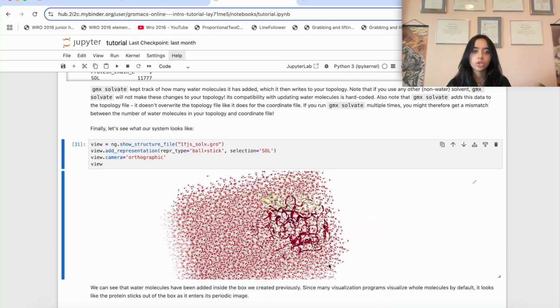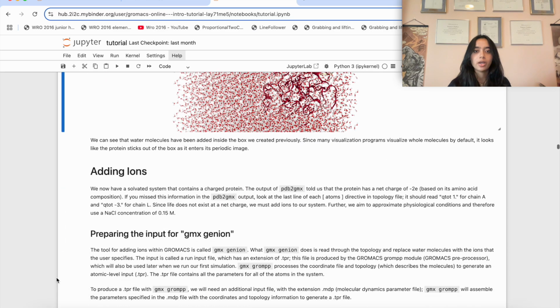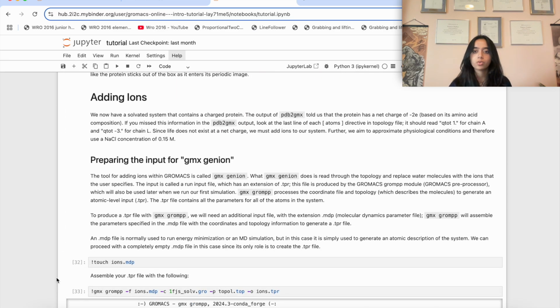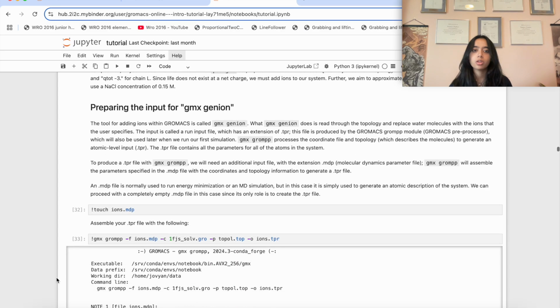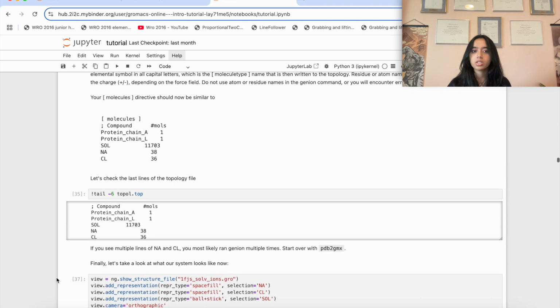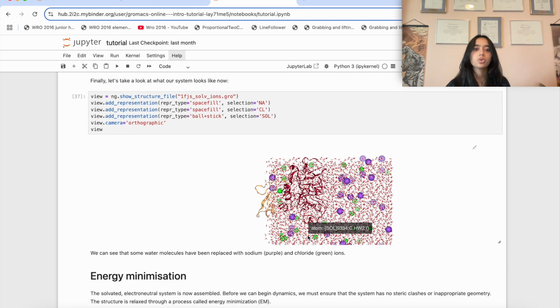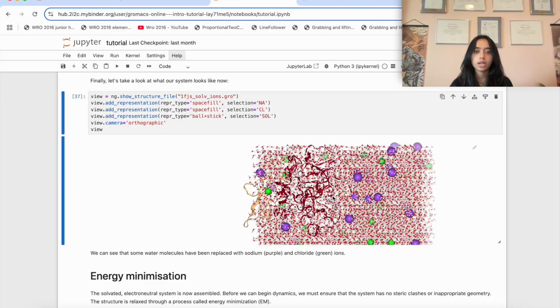We will then fill the box with water molecules uniformly and visualize it. We then need to add some ions because we have a charged protein which must be neutralized to model approximate physiological conditions, with the NaCl concentration of 0.15 molar. Here sodium ions are purple and chloride ions are green.